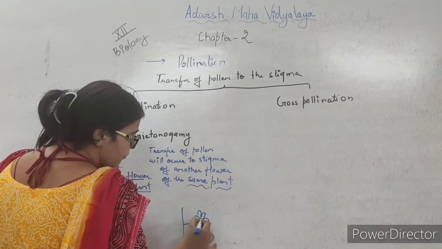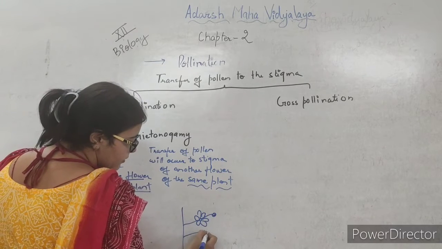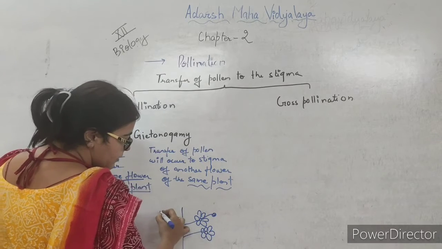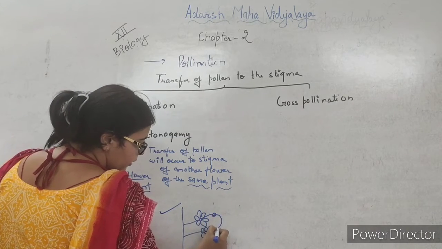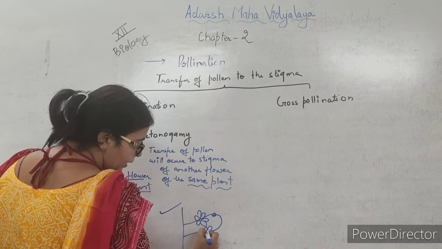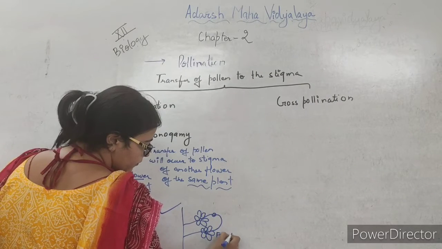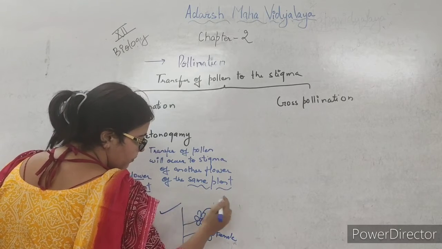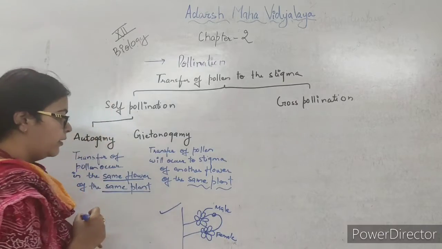So this is the male flower which is having the anther, that is the bilobed anther, and this is the other flower, that is a female flower. So it is the same plant, but the anther from this flower will dehisce and the pollen from this flower will come and land on the stigma of this female flower. So in geitonogamy, autogamy is prevented.